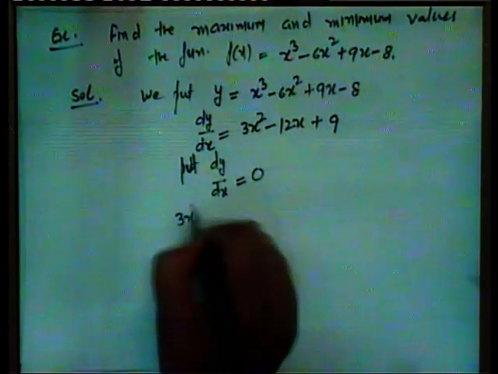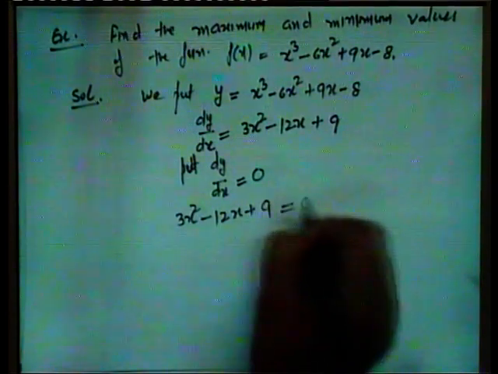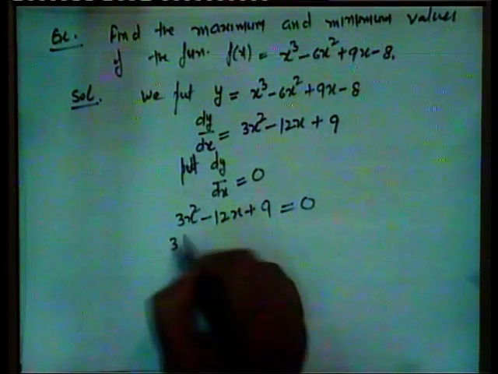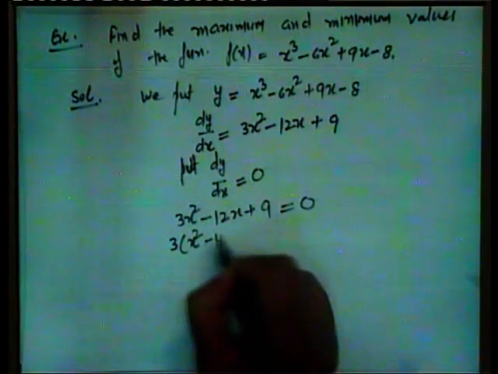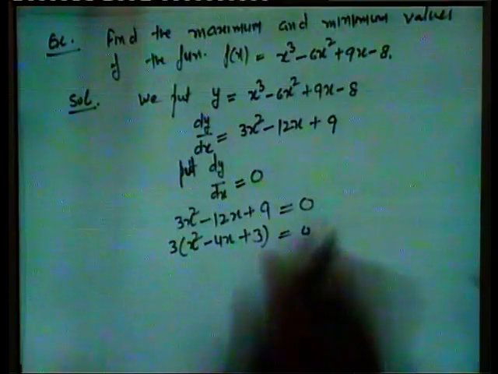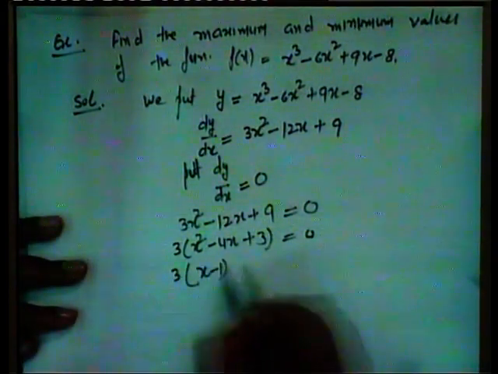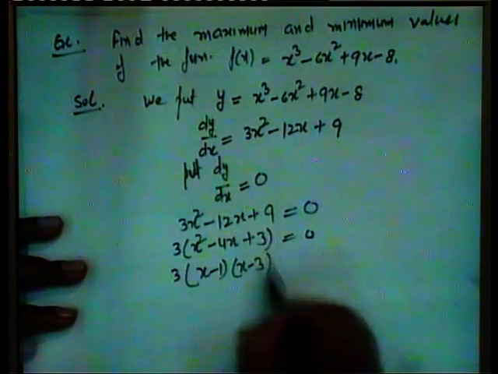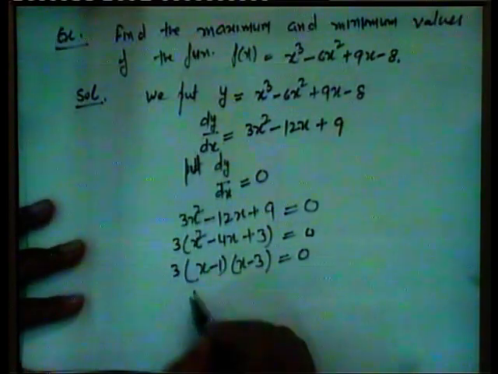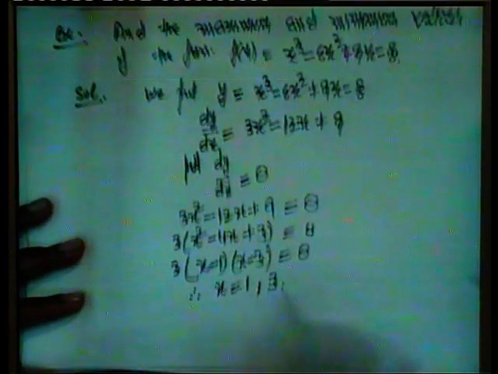Therefore, 3x square minus 12x plus 9 is 0. Taking 3 common, x square minus 4x plus 3 is 0. Now, factorizing this, (x minus 1)(x minus 3) is 0. Therefore, x is equal to 1 and 3.